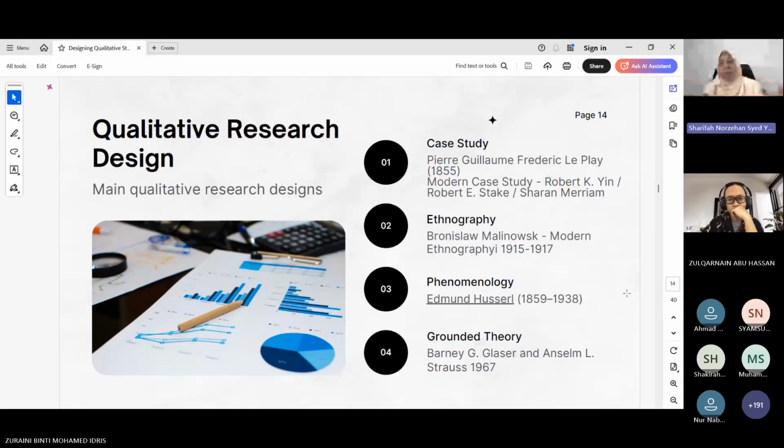Whether you will go for case study, or you want to go for ethnography, or phenomenology, or grounded theory. If you are an advanced researcher, you can mix the method.